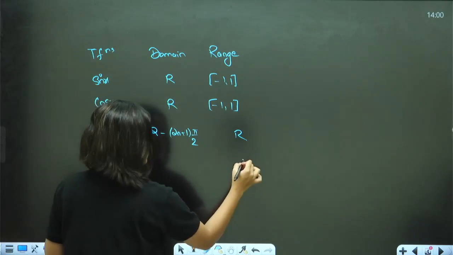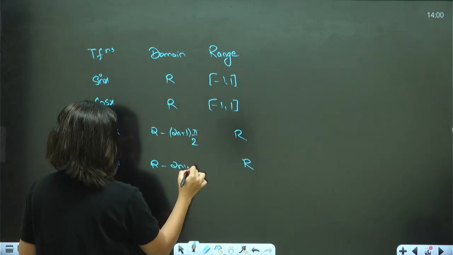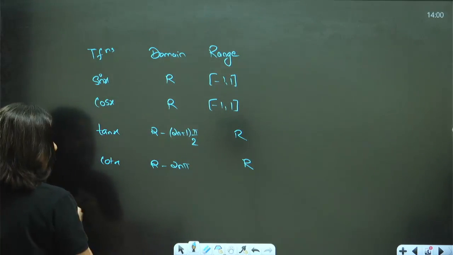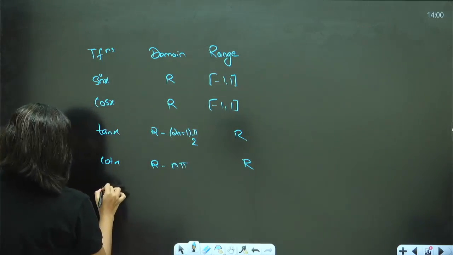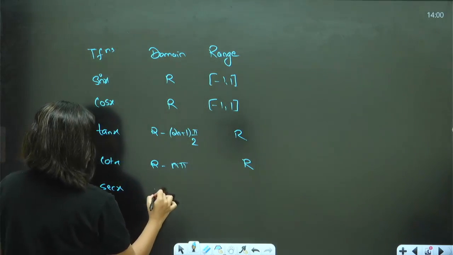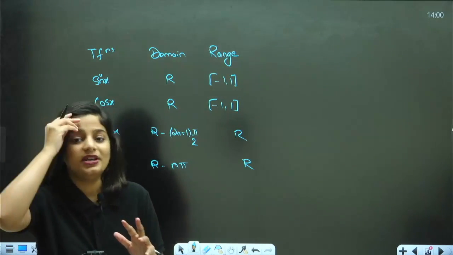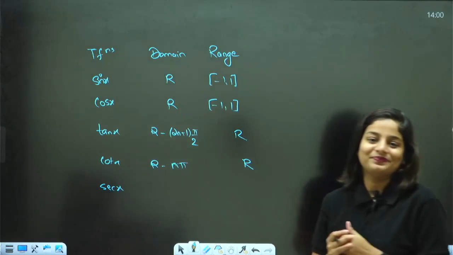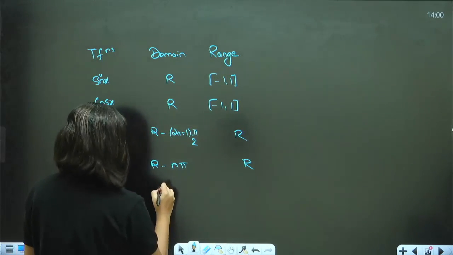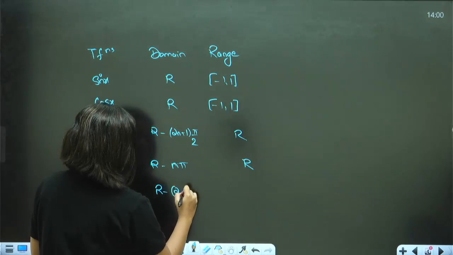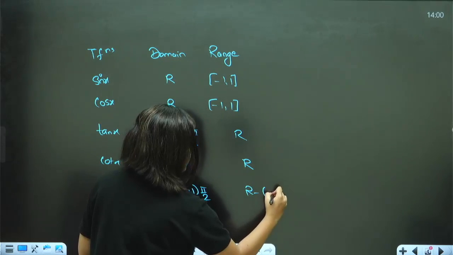Cot x, range was all real numbers, but the domain was all real numbers except even multiples of 90, that's 2n pi, or I should say just n pi. Sec x: where is sec x not defined? Sec of 90 is not defined, so the domain is all real numbers except odd multiples of 90, and the range was all real numbers except -1 to 1.